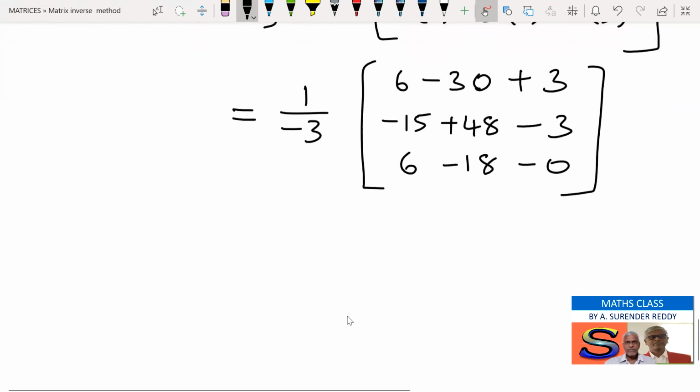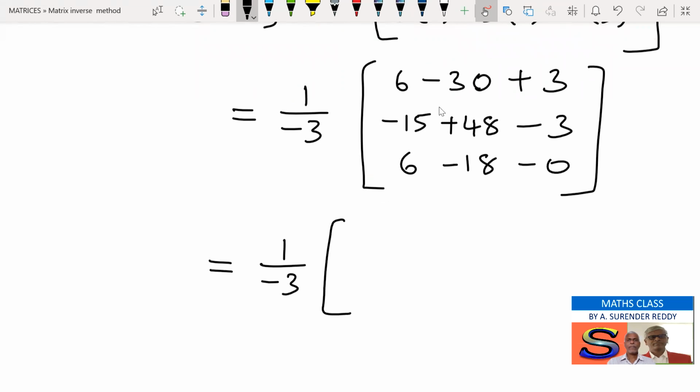Further simplifying, 1 by minus 3, keep as it is. 6 plus 3 is 9. 9 minus 30 is minus 21. Then 15 minus 3... 48 minus 18. 6 minus 18.